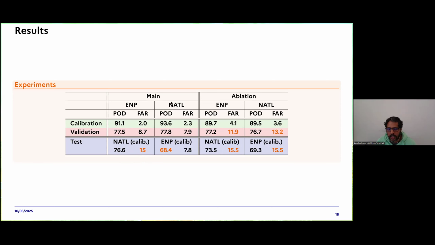In the case of the Northern Atlantic, you decrease the probability of detection, but you have the same performance in terms of false alarms. So you have some specificities given the basin. Usually in the literature, you have one tracker for all the basins at the same time. So maybe considering each basin separately could also be a good thing, because this shows some specificity of each basin.